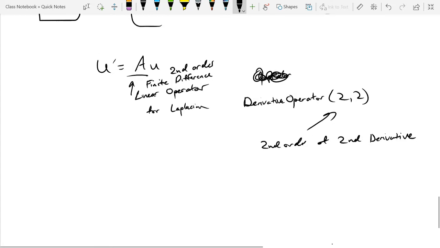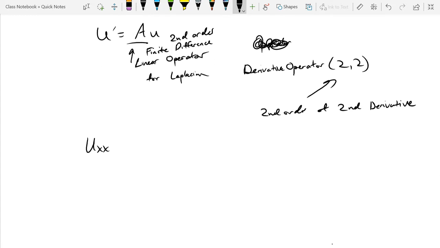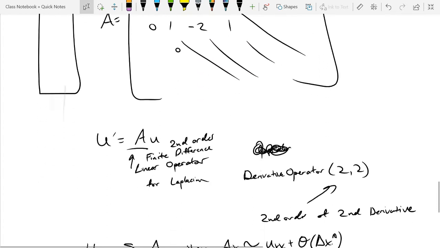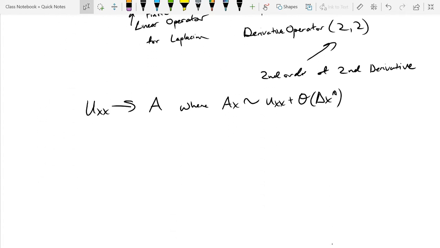That would mean you want to take u sub xx and spit out this A, where Au is the same thing as u sub xx, but it is some approximation. That's what DiffEqOperators is all about. So this is the one everyone knows. It's only second order. How can we do any order?